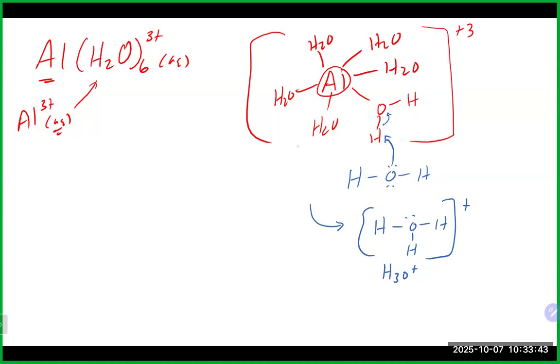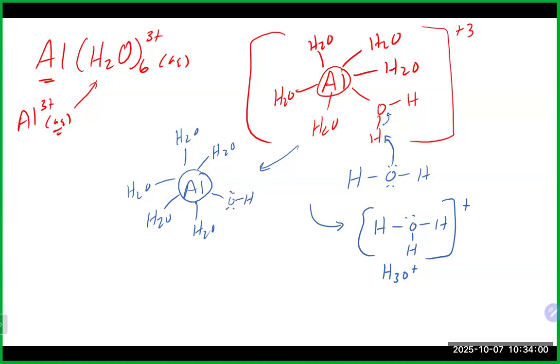What does that leave this guy? Well, this guy gets left with the aluminum and all 5 of those waters basically not touched, and you end up with an OH here, which is like OH minus, right? Overall charge changes by 1 because of the minus 1, and plus 3 gives you that.